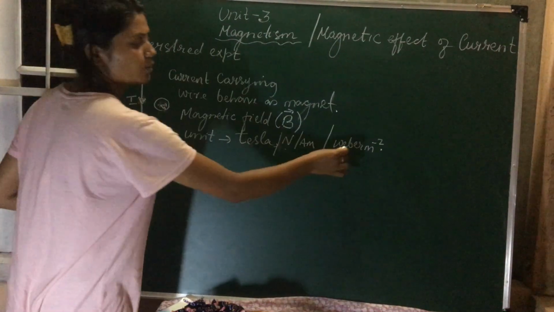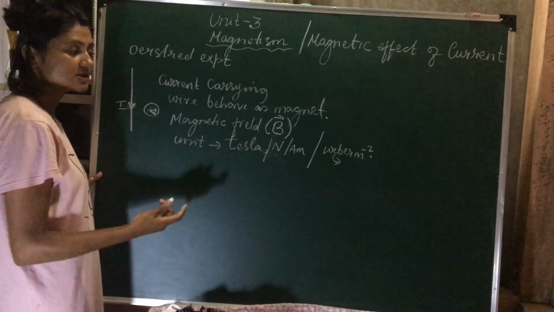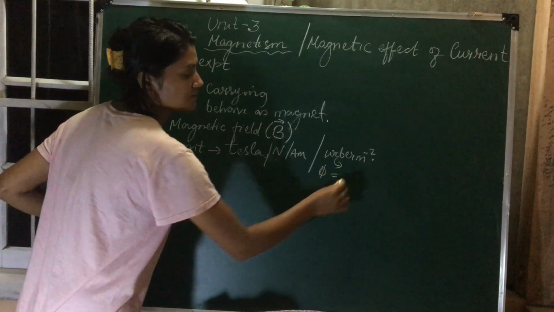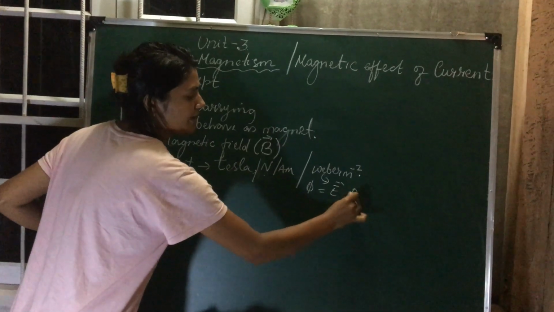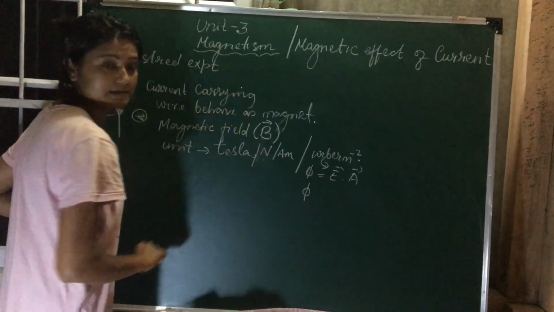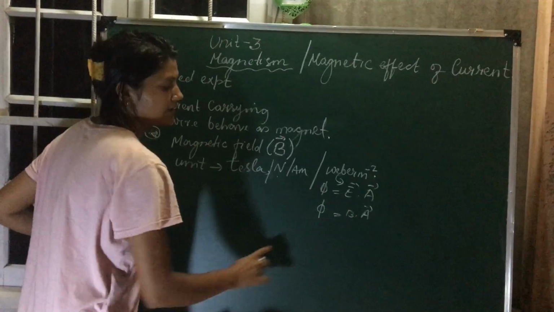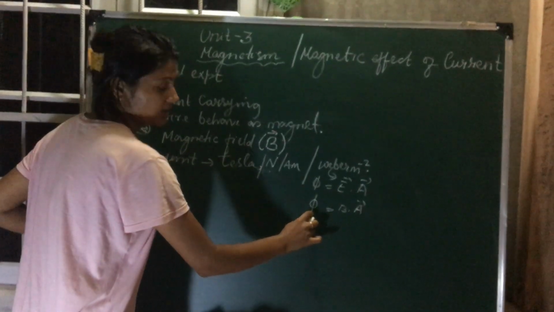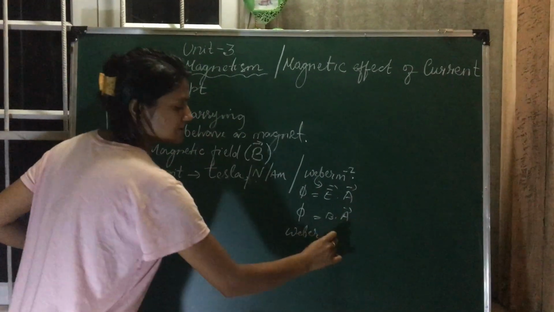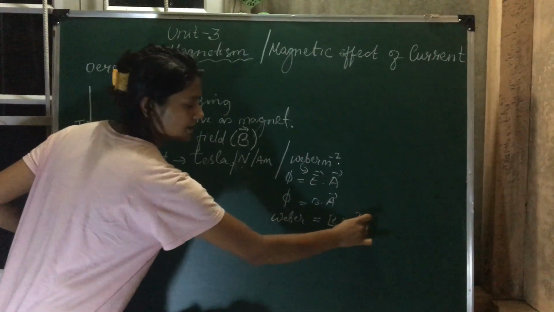Now what is Weber? I think you have heard about the electric flux. Just like electric flux was defined as E dot A, similarly the flux in a magnetic field we have as B dot A. The unit of flux in a magnetic field is Weber, and this is equal to magnetic field times A, which is meter square in SI.